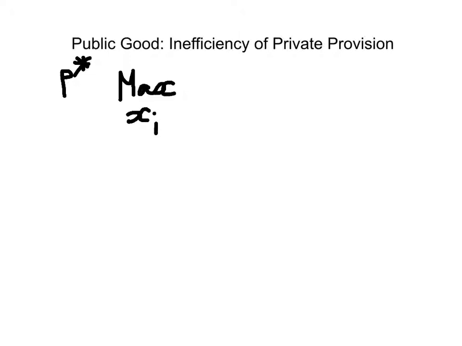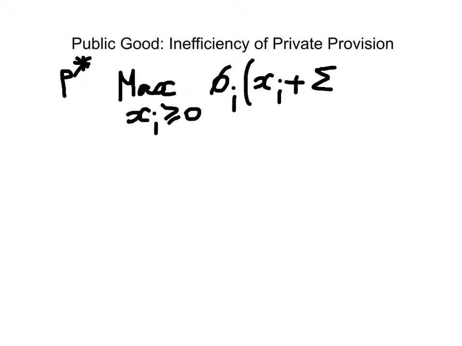Try to find the level to consume so as to maximize the utility derived. But you're deriving utility not just from what you're buying, but also what all the other consumers are buying, because it's a public good and they cannot exclude you.